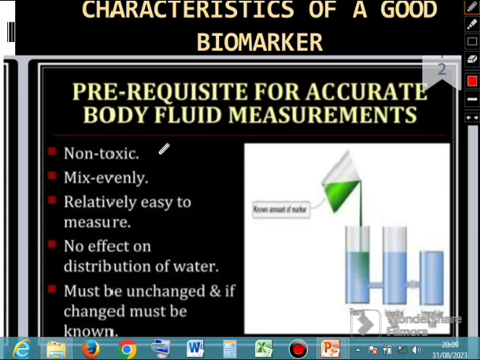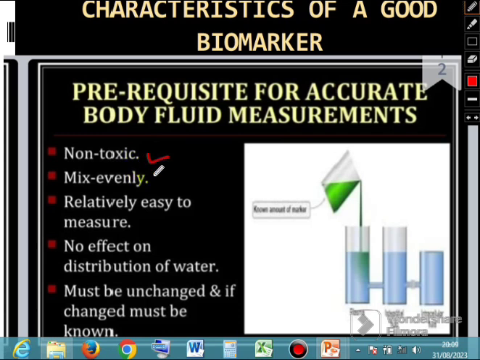Some of the characteristics of a good biomarker are as follows. Number A, it must be non-toxic. Don't go and give somebody's child poison in the name of trying to measure fluid compartment. So you have to ensure that the marker you are injecting into your patient or subject must be non-toxic.